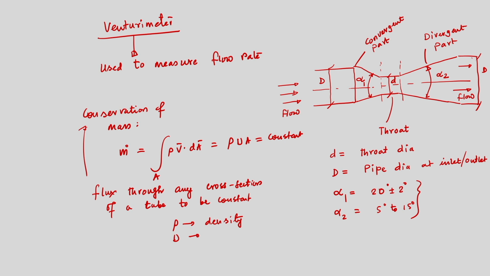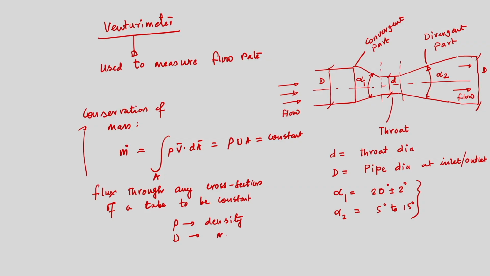This simplification of the mass conservation equation is based on the assumption that the velocity is uniform over that particular cross section. Density is not changing, because for incompressible flows we consider density not changing from one cross section to another. Definitely the cross sectional area will be changing, but the velocity is the mean velocity taken over that cross section, and that is one of the important assumptions of this simplification. So, that is the mean velocity.